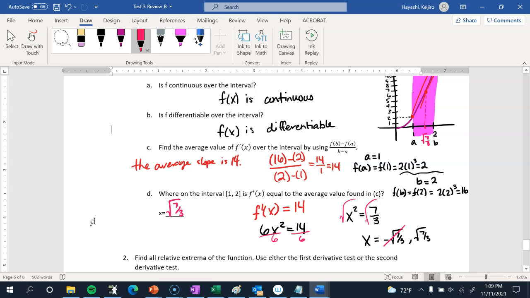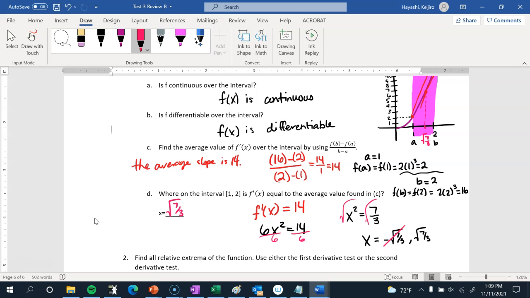So basically, after you confirm that a function is continuous and differentiable, you set up an equation where on one side you have the average slope given by the slope formula for the two endpoints.